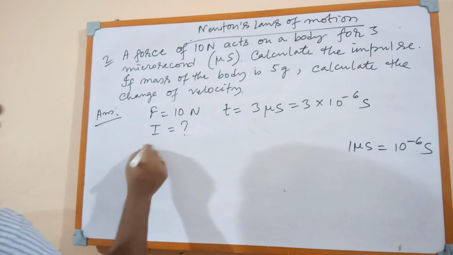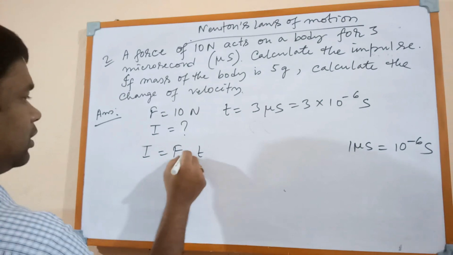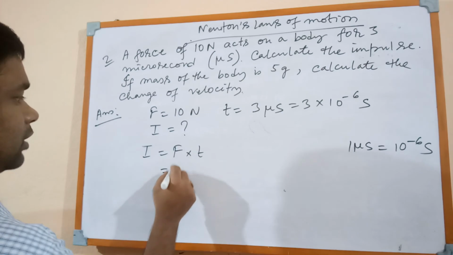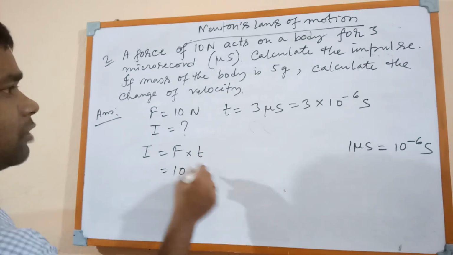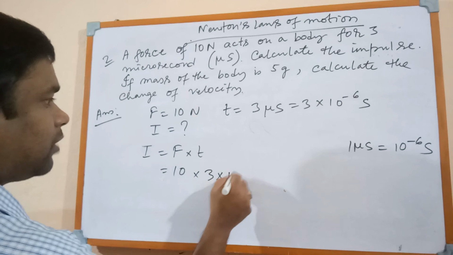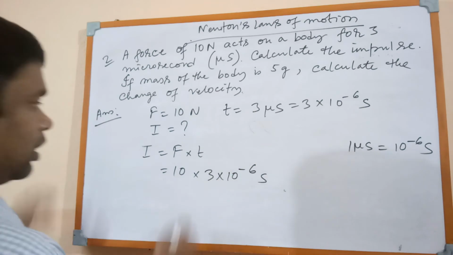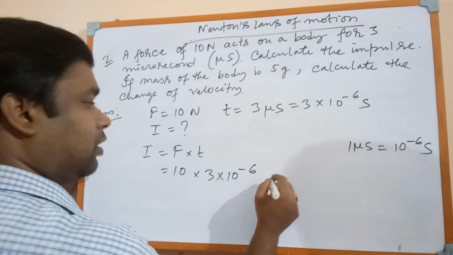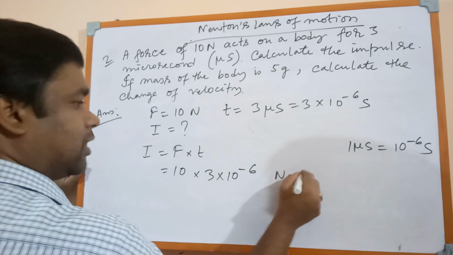So I can be written as force into time, and instead of F we can take 10 Newton, and instead of T we can write 3 into 10 to the power minus 6 second. The unit of impulse will be Newton second.